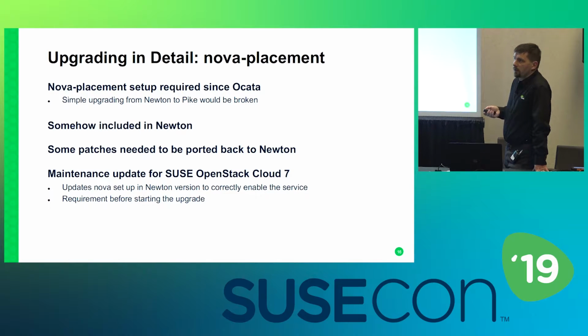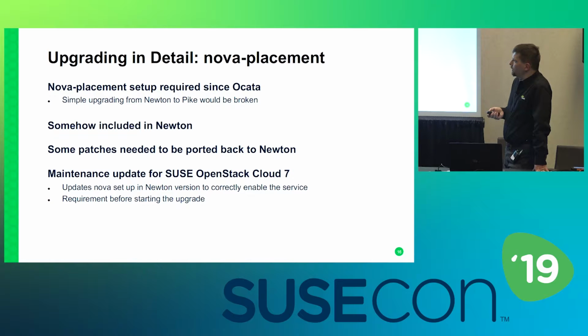That is a problem, because if we would just simply upgrade the packages and restart the Nova services, they would just refuse to start, telling us something like placement is not configured. That is required. As I said, it was already included in Newton, but it was not really nicely working. There were several bugs in the Newton release regarding placement.